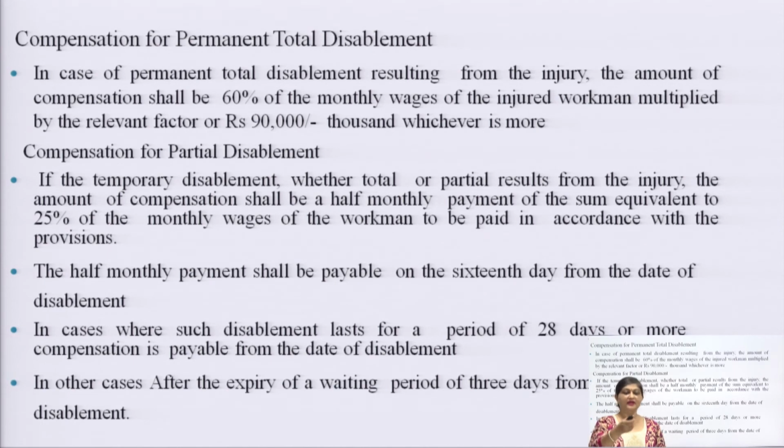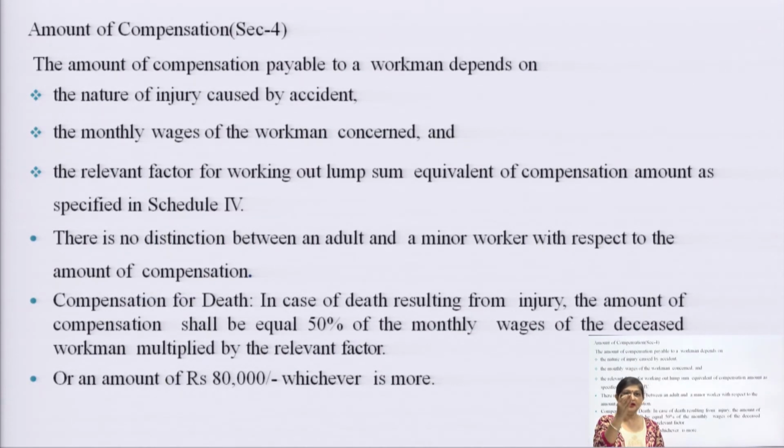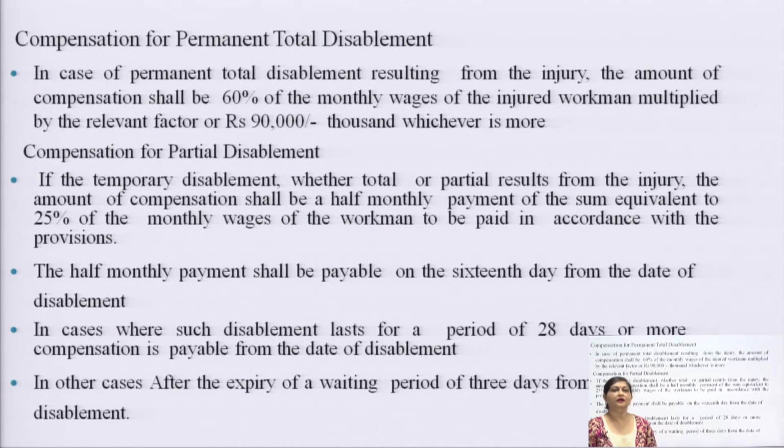In the same way we calculated in the last slide, in case of death we took 50% of monthly wages of the worker, and in case of total permanent disablement we will take 60% of the total monthly wage of the workman, and then multiply it with the relevant factor, and rupees 90,000, which is fixed by the act, whichever is more will be paid to the workman, because now he is permanently disabled to work.